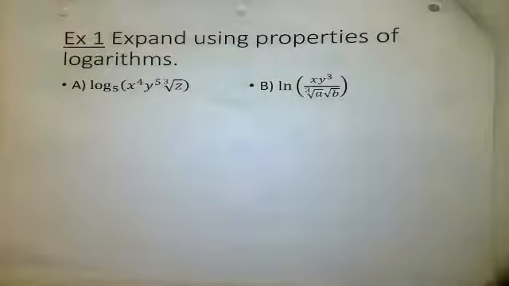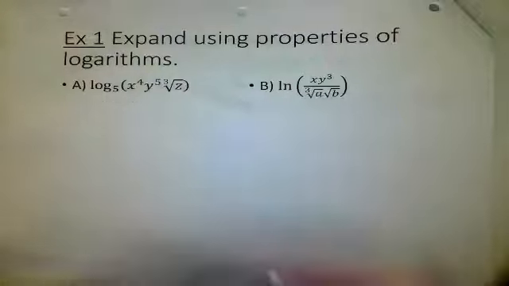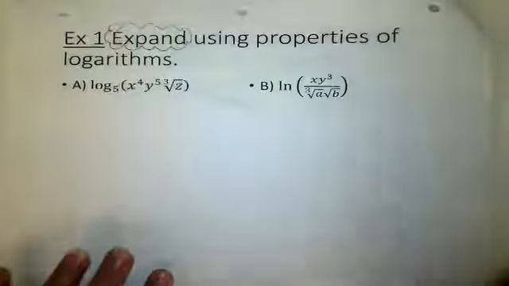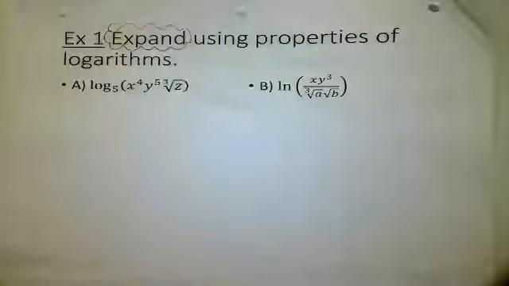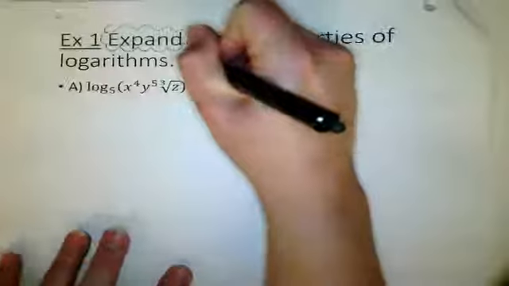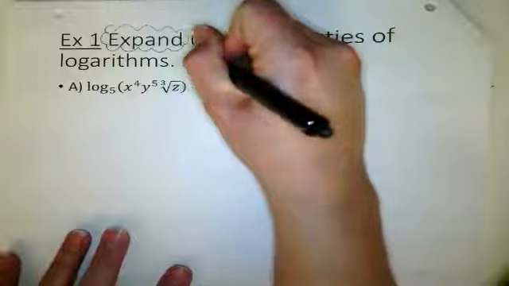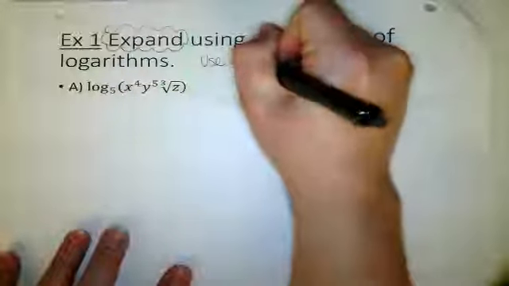All right, example 1, expand. What does expand mean? Make it bigger. Yeah. Make it bigger using properties of logarithms. I have one rule, and that one rule is use exponents.